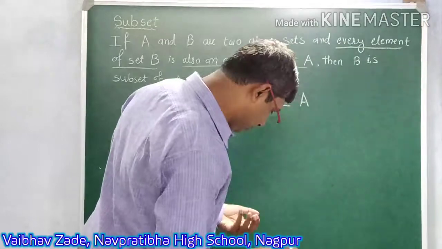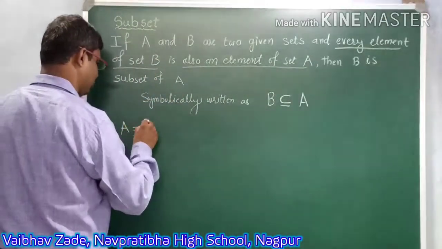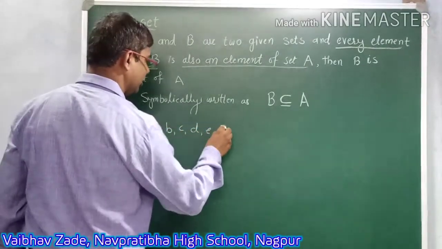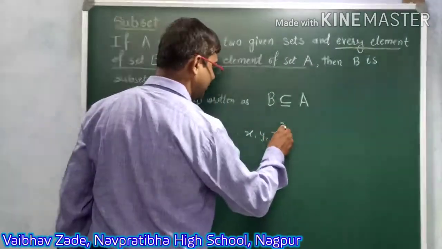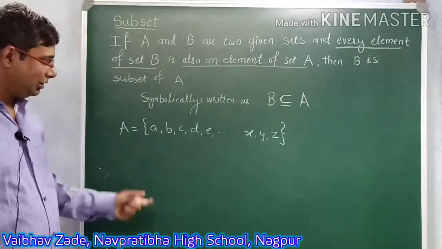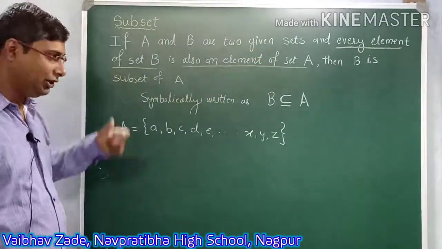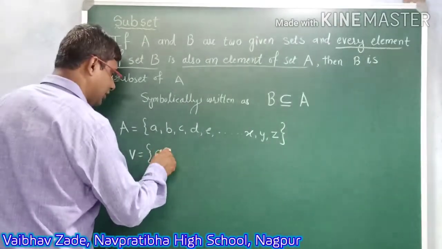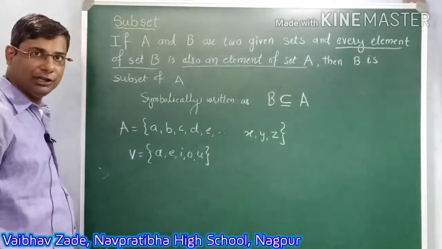Let's see another example. A equals A, B, C, D, E and so on, X, Y, Z. The set of alphabets of the English language. A, B, C, D, E, F and up to all the alphabets are present in set A. Now I take a set of vowels: A, E, I, O and U, the set of vowels in the English alphabet.